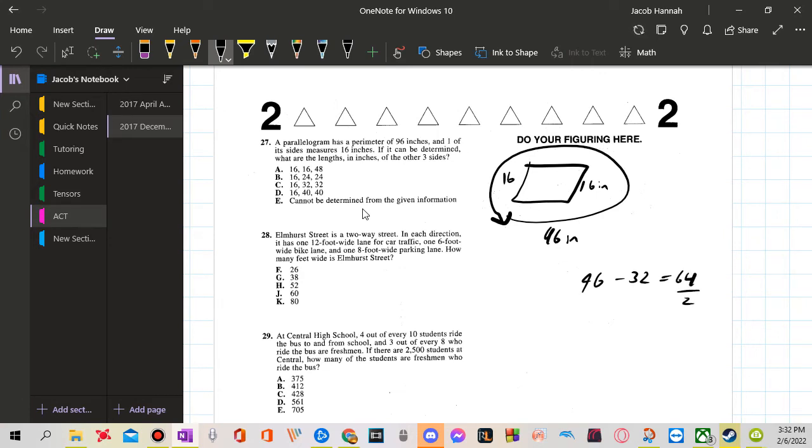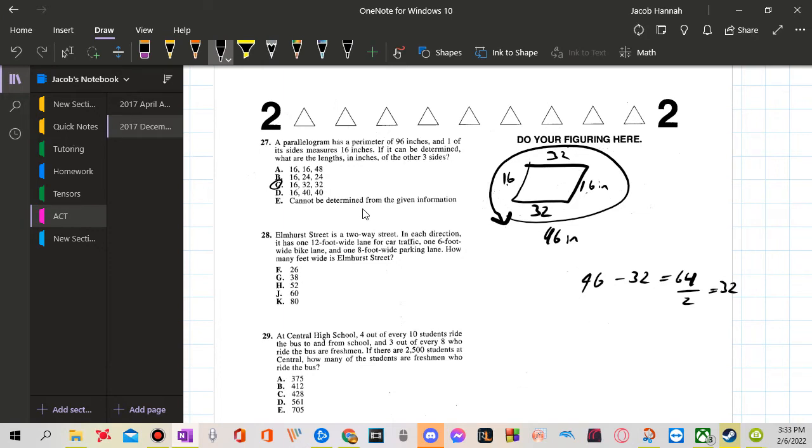Divide by 2, 32. So 16, 32, 32. A parallelogram has two pairs of the same side. So one side's 32, this side's 32, then 16, 16. If you know one side, then you can find the rest.